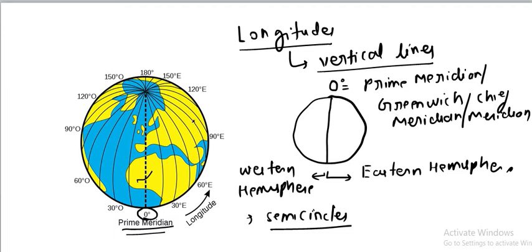All these are semicircles, not complete circles. On the opposite side there is 180 degree, right? Either you go towards the east or towards the west from the 0 degree, there will be 180 lines here and 180 lines here, right? So longitudes are semicircles, while the latitudes were complete circles.